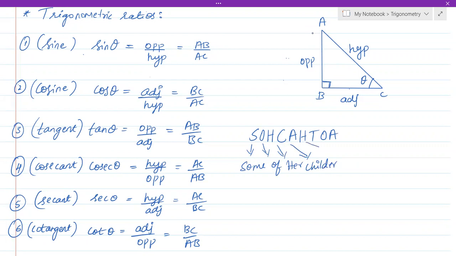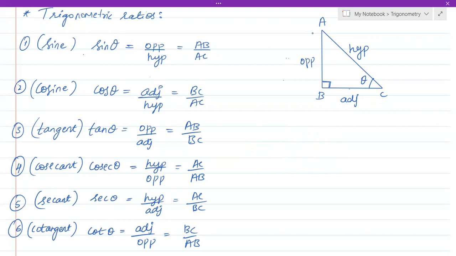Let me write it in a vertical manner so that it will be easy. Sine theta is opposite by hypotenuse. Cos theta is adjacent by hypotenuse. Tan theta is opposite by adjacent.